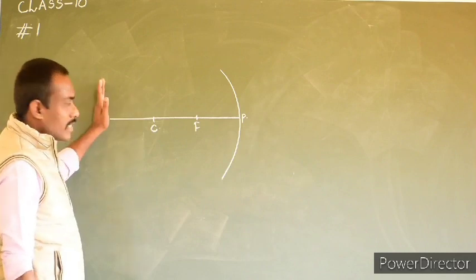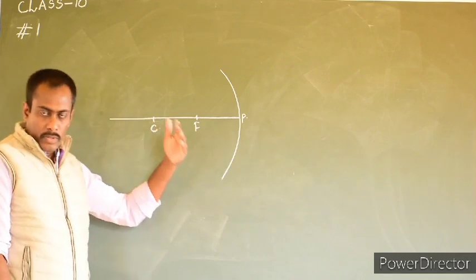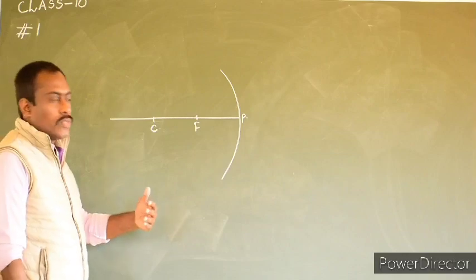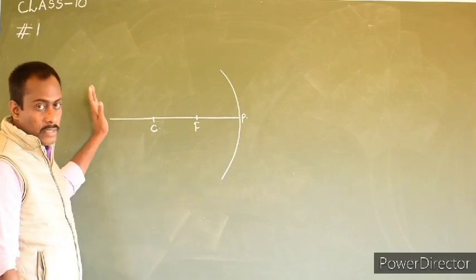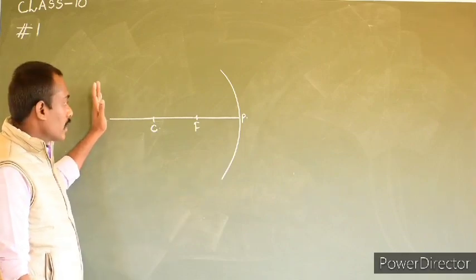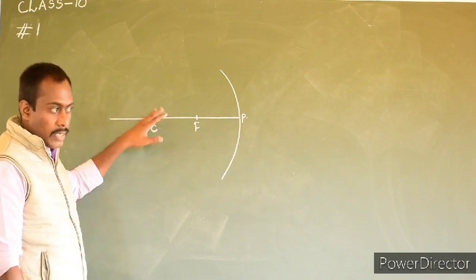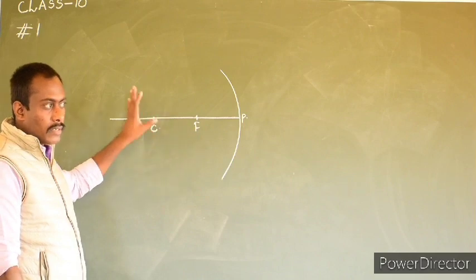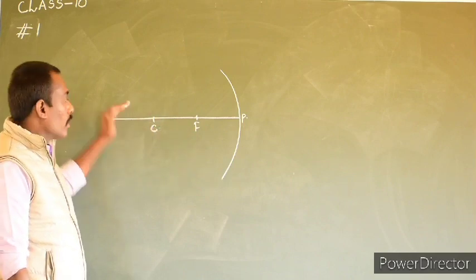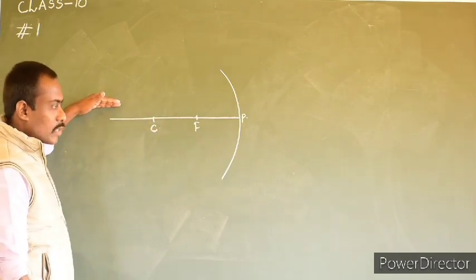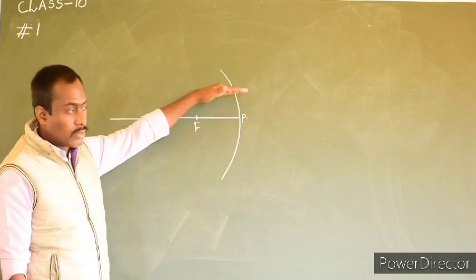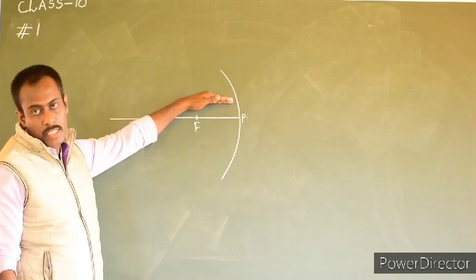When an object is kept at infinity, the incident rays coming from an infinitely distant object will be almost parallel to the principal axis. Since the light rays are coming from far away from the mirror, the incident rays will be almost parallel to the principal axis.